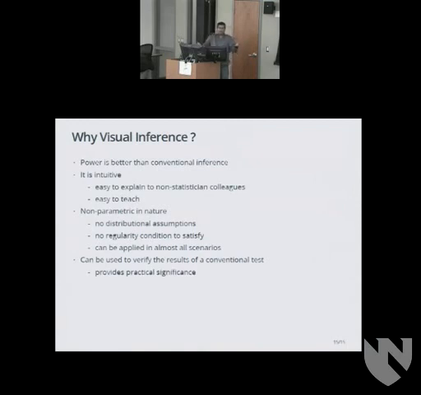Because I know I cannot be overboard by math equations, right? This is very intuitive. A police officer will understand the method very clearly, right? So it is very easy to collaborate with our non-statistician colleagues using this method. They will just see it and say, oh, I understand what is going on. It's very easy, and it is very easy to teach.